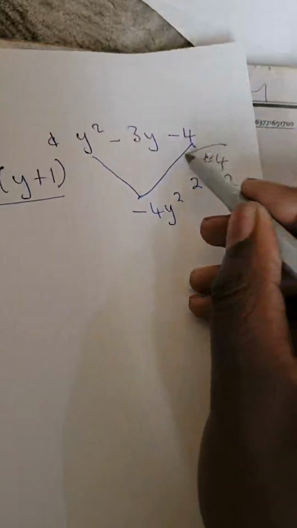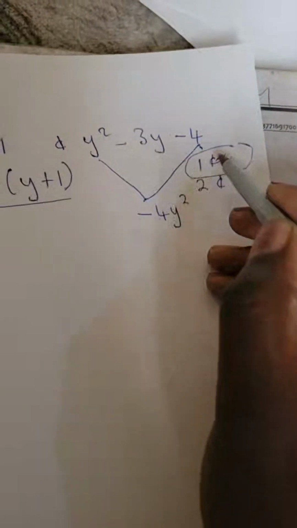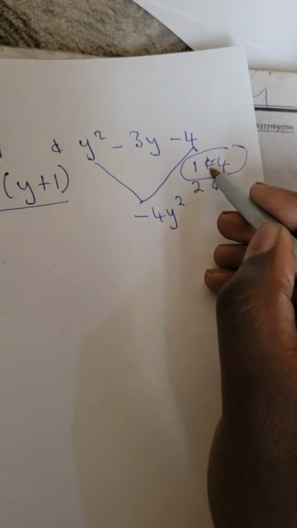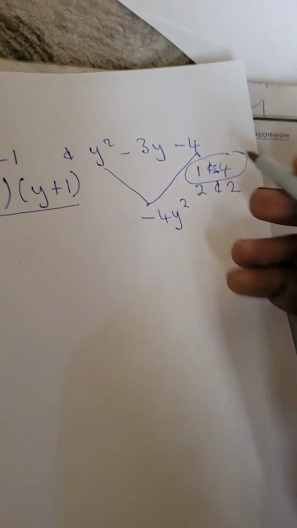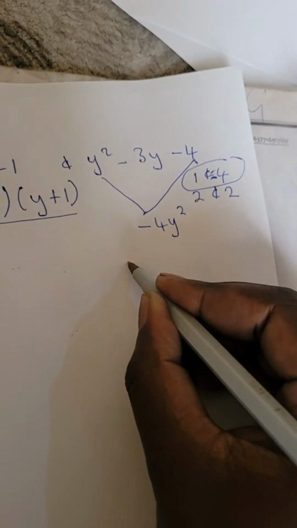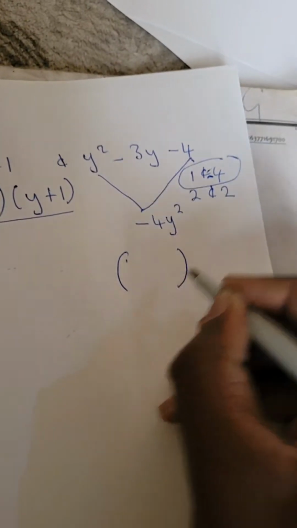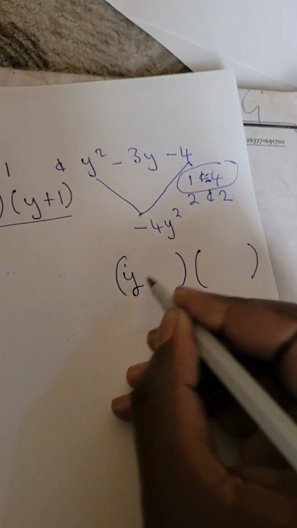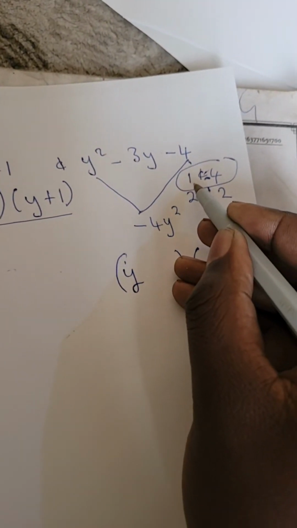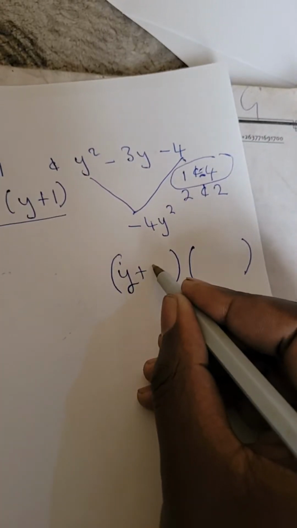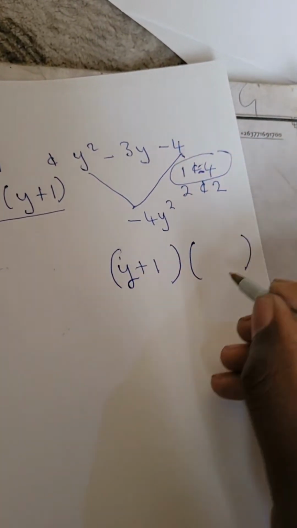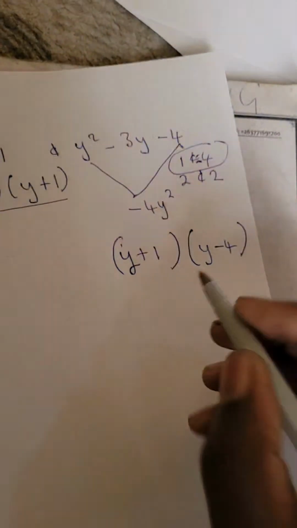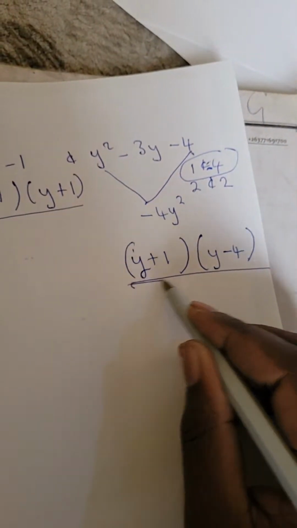So we can take 1 and 4. Once we get negative 3 here, we put negative on 4. So we're going to open our two brackets here. Okay, so it's y, then positive 1, then y negative 4. Okay, so we've managed to factorize.